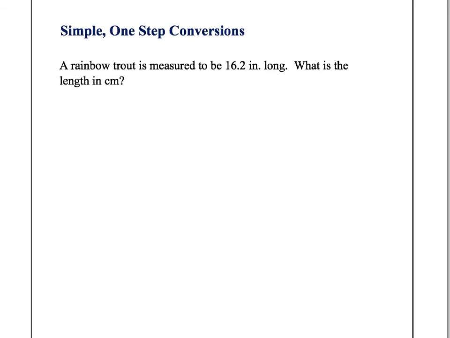Okay, now that we've got a few basics out of the way, let's go through this concept of a conversion. So the first thing that you want to do is write down the information that you're given. In this case, there's just the length of this trout, which is 16.2 inches long, and we want to change it to centimeters. So in order to make any of these changes, you have to know a relationship between what you have and what you're looking for. So we have this relationship, which we can get from the conversion table.